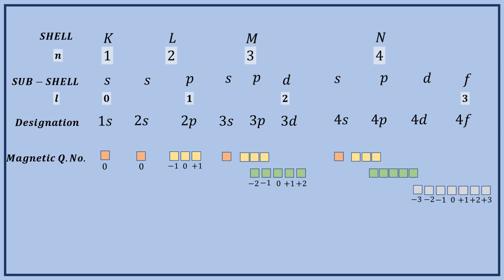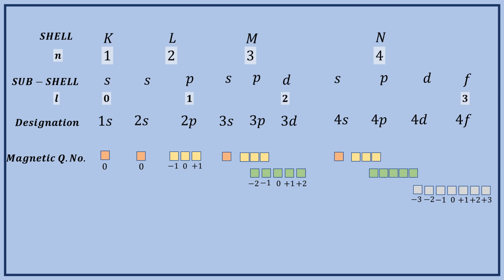On using the l values of respective subshells, we will find out there is just one orbital in S subshell, there are 3 orbitals in P, 5 orbitals in D, and 7 orbitals in F subshell.